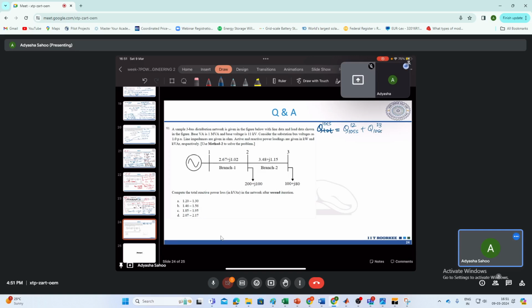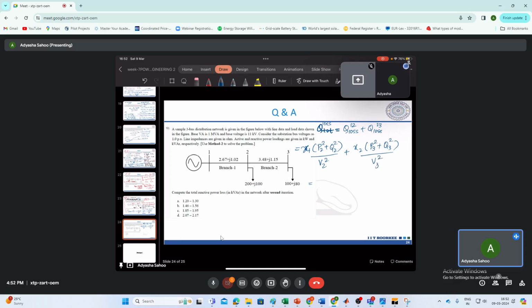So that will be equal to R1, sorry, this will be X1 into P2 square plus Q2 square divided by V2 square, plus X2 into P3 square plus Q3 square divided by V3 square, right?